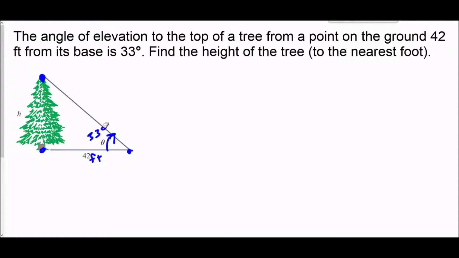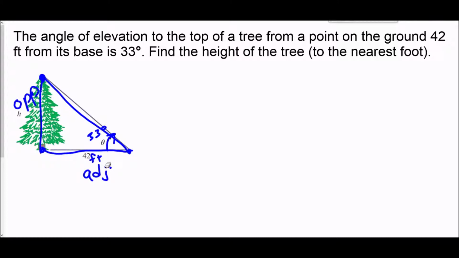And we want to find the height of this tree to the nearest foot. So we actually just have a triangle right here. If we have our angle of elevation, which is 33 degrees, the h is the opposite side of that angle. The 42 is your adjacent.